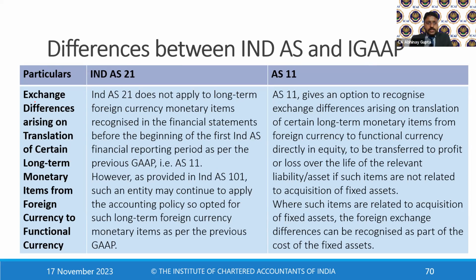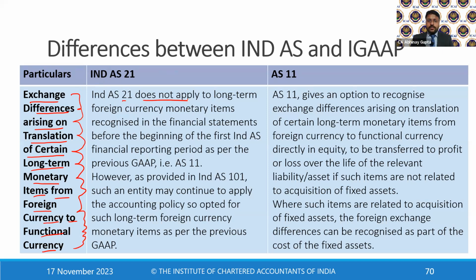Then exchange differences arising on translation of certain long-term monetary items from foreign currency to functional currency, right? What it is saying, exchange differences arising on translation of certain long-term monetary items from foreign currency to the functional currency.